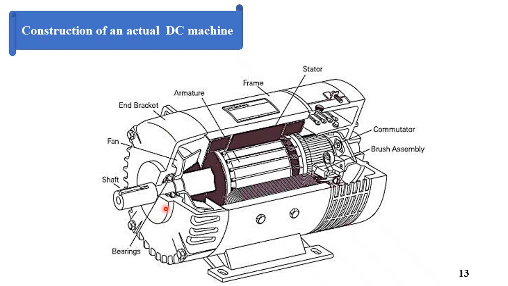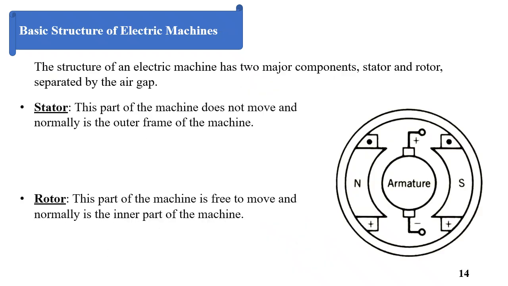We have the bearing to reduce the friction between the rotor or the shaft and the stator. We have the outer frame for connecting the poles, the stator, which is a stationary part, the commutator, the brush assembly and the brushes. This is the construction of the DC machine, and we will see it in more detail in the next slides.